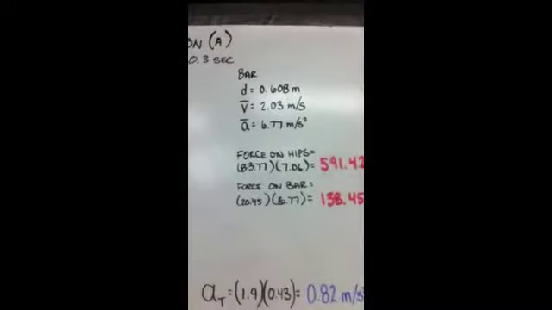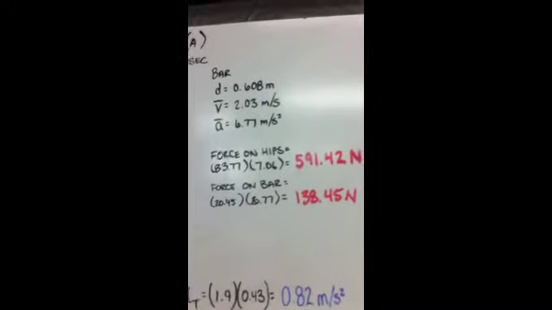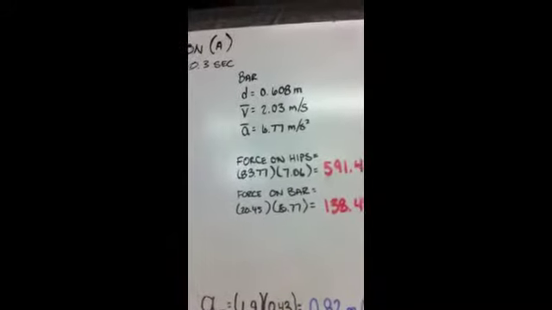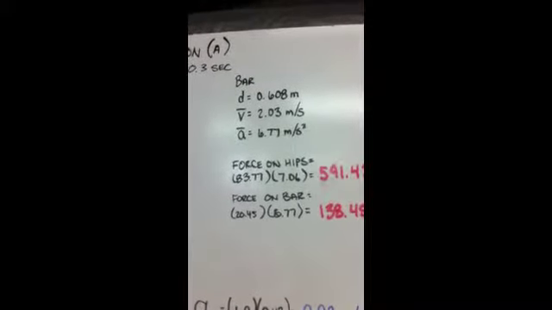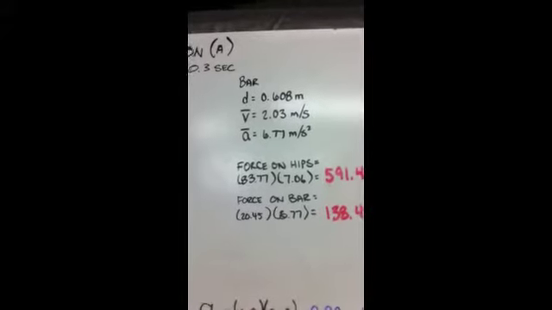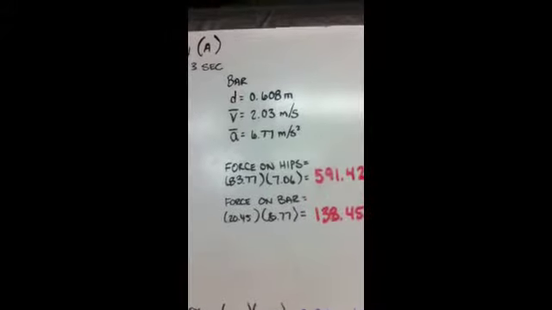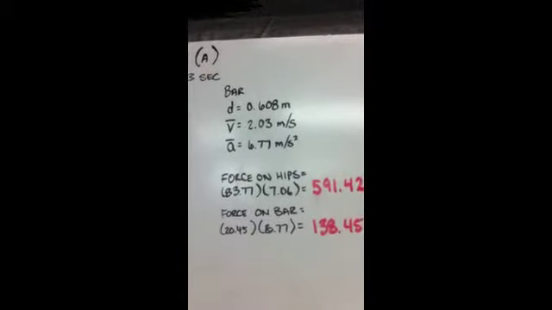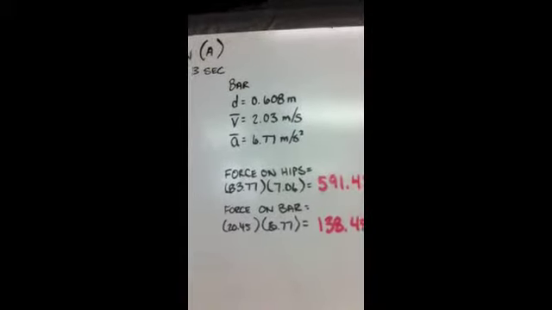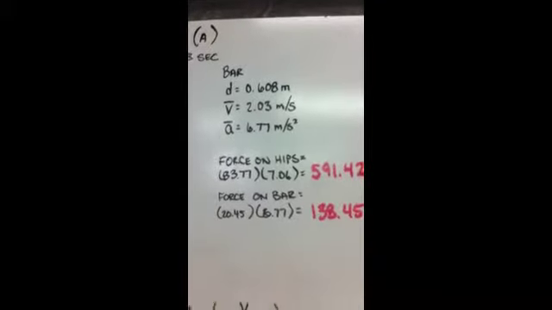So how does this look for translation to the bar? The bar's displacement during that 3/10 of a second was 0.608 meters, with a velocity of 2.03 meters per second and an acceleration of 6.77 meters per second squared.